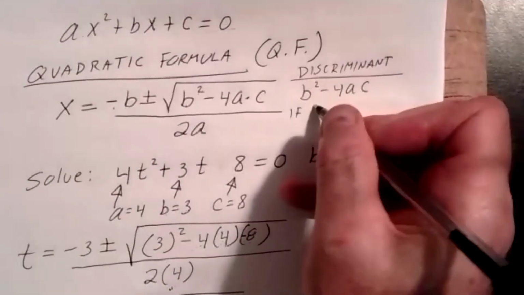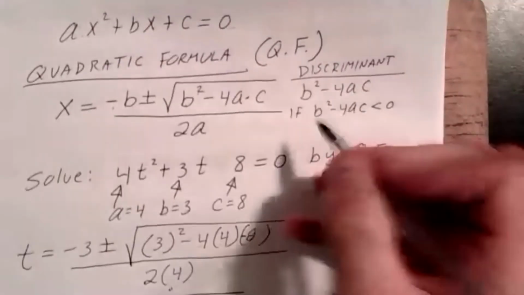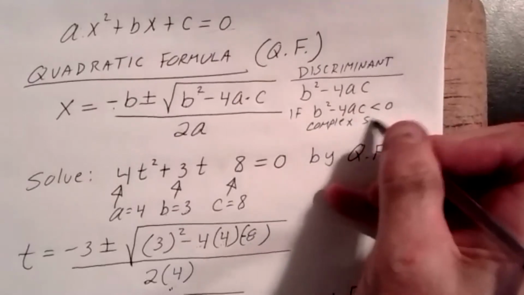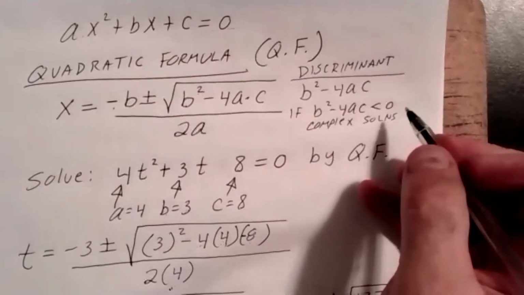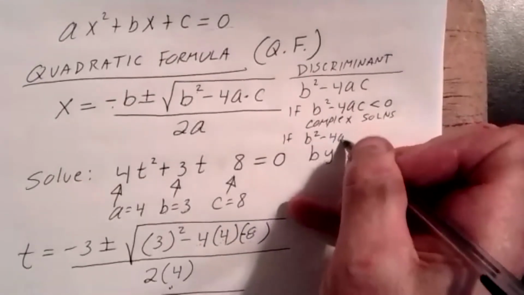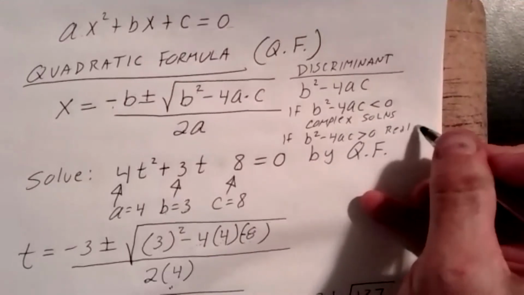If b squared minus 4ac is negative, meaning less than 0, then you're going to have complex solutions. If your discriminant is positive, meaning greater than 0, then you're going to have real solutions.